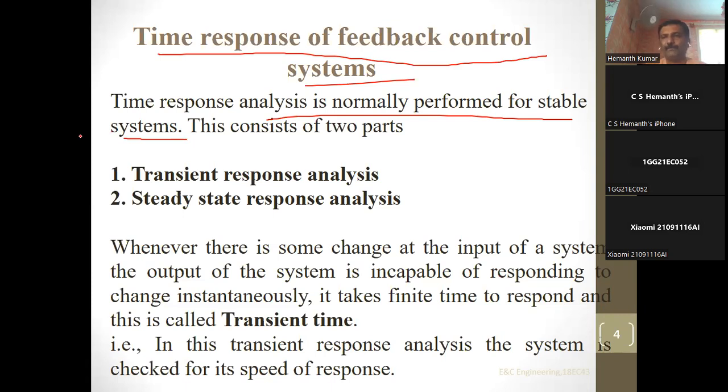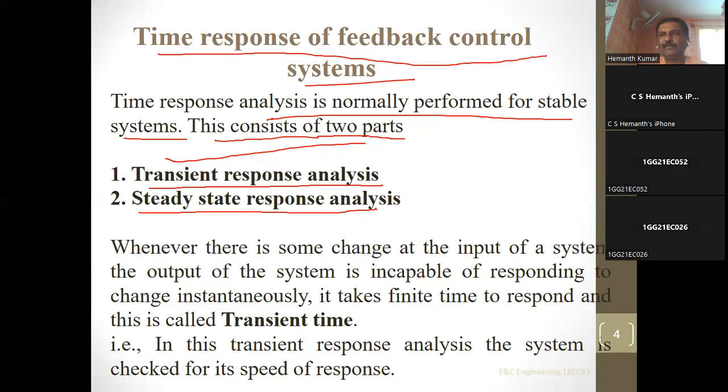Is it okay? I repeat, the time response of feedback control system has two parts. One very important thing is the transient response, and one more is the steady state response.